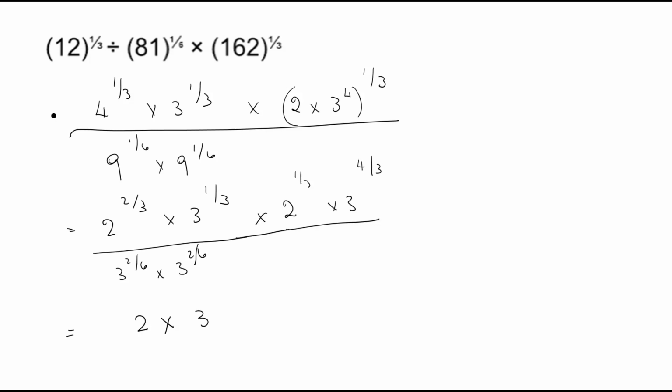We could say 4 over 3 plus 1 over 3 minus 2/3 from the bottom line, which is equal to 2 times 3 to the power of 1, which is 6. Yes!